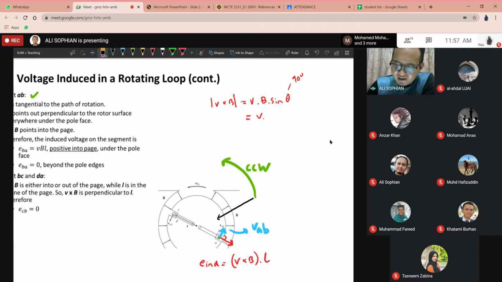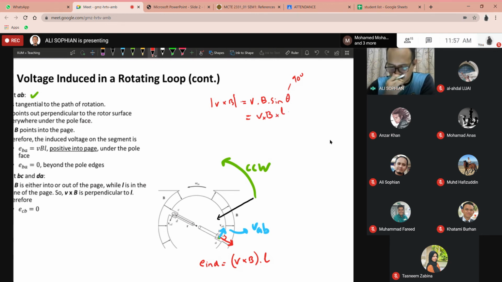I should write more clearly. V times B, this is actually multiplication here, times L, which is the length.